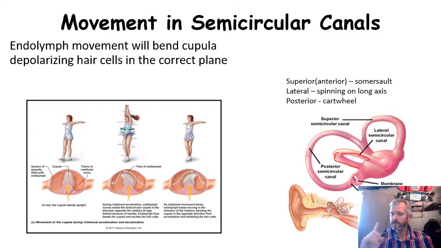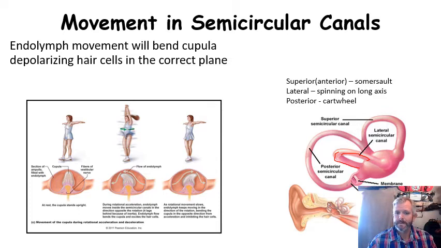The fluid is slow to move. So she's moving in this direction. You can see the fluid is slow to move, so the bending happens in the opposite direction because of the inertia of the fluid. When I start to move, my head's moving very quickly, but the fluid's not moving quickly, so it causes the bending of the cupula to be in the opposite direction of my movement when I start the movement.